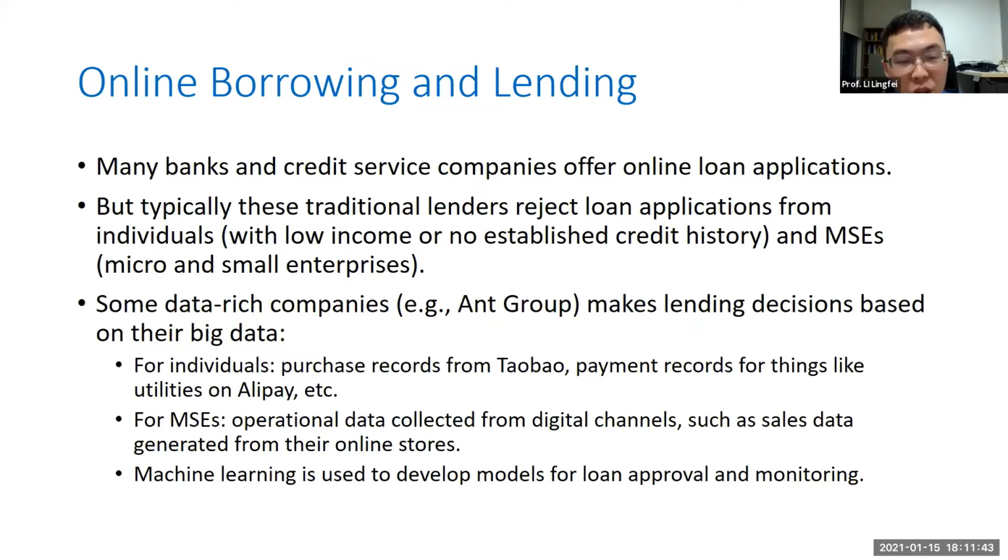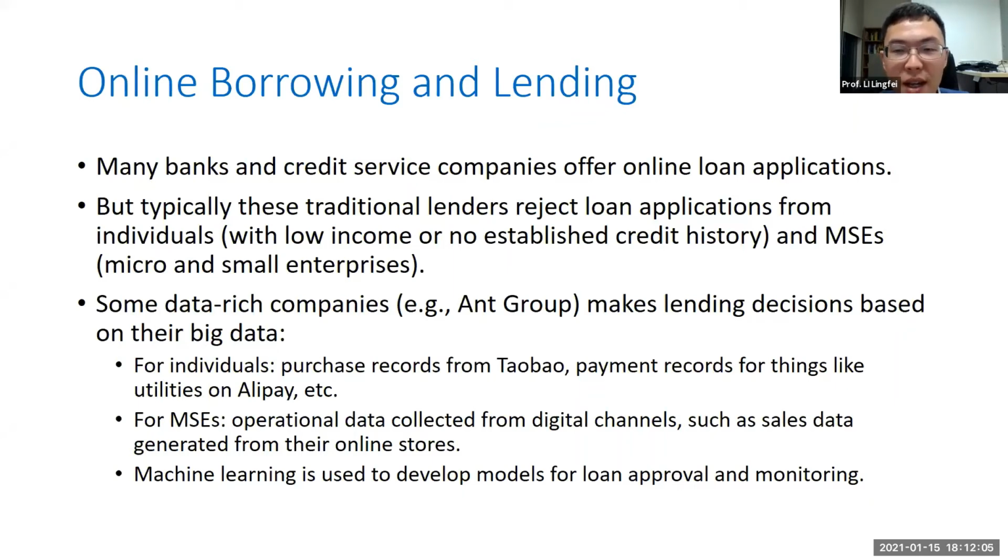So this is a typical situation for those individuals with low income or no established credit history, and also those micro and small businesses. But these people do really need money to continue their life, their businesses, and so on. So they are actually a very important part of the whole economy.